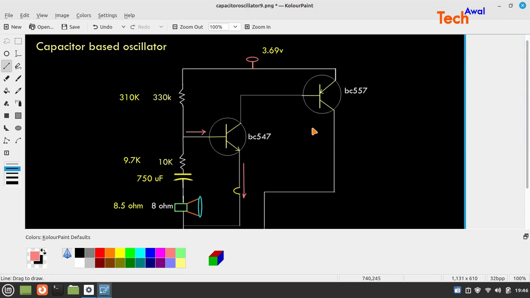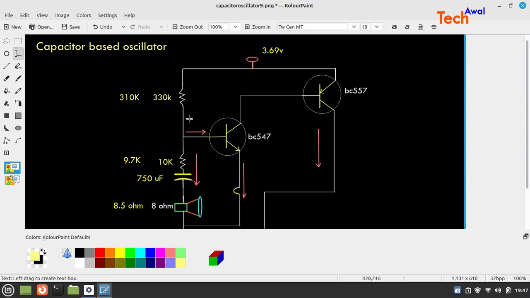This is IC, so IC of the PNP. And this is both ways, so we'll call it I capacitor. That we will measure.